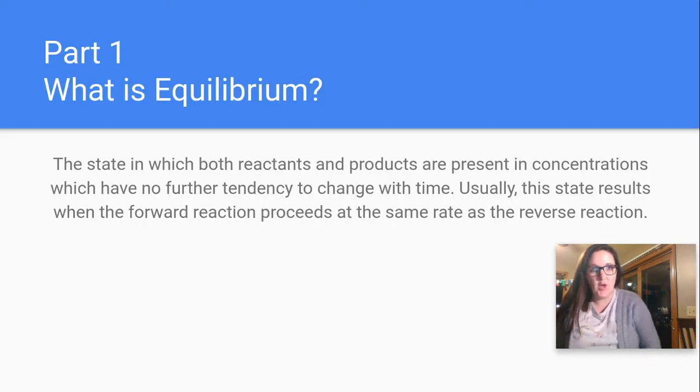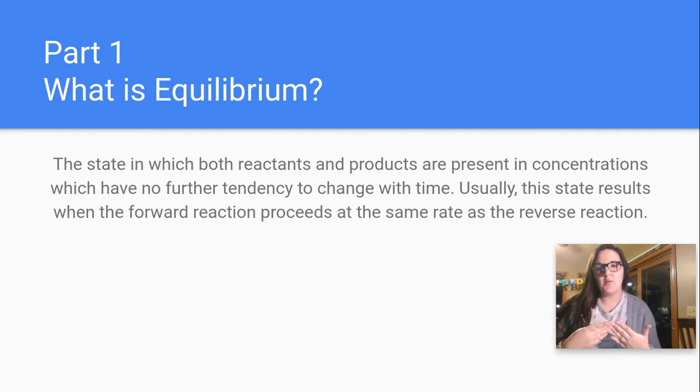So first things first, what is equilibrium? This is a nice fancy definition, but basically equilibrium means that chemical reactions are happening both in the forward direction and the reverse direction, and those are happening simultaneously.